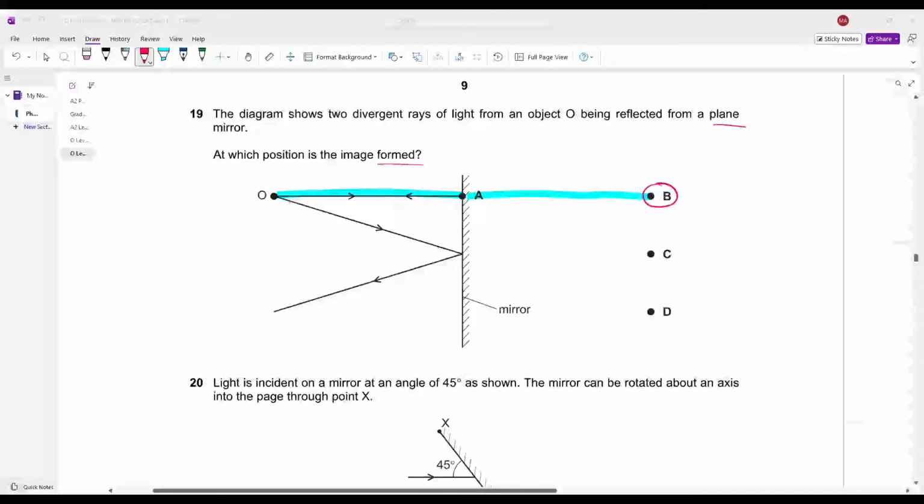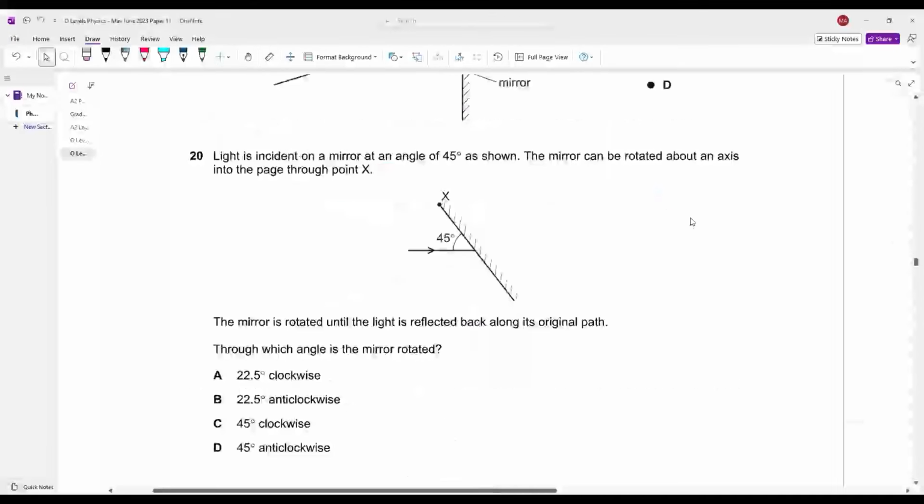Simple. आगे बढ़ते हैं बच्चों। Light is incident on a mirror at an angle of 45 degree as shown. The mirror can be rotated about an axis into the page through X. Okay. The mirror is rotated until the light is reflected back along its original path.